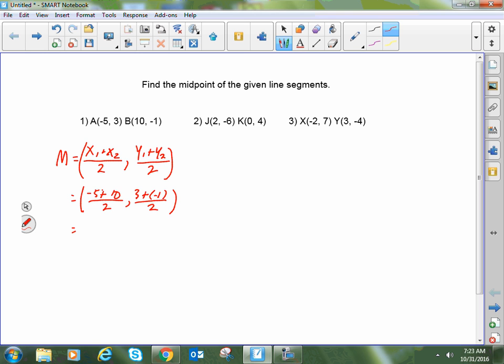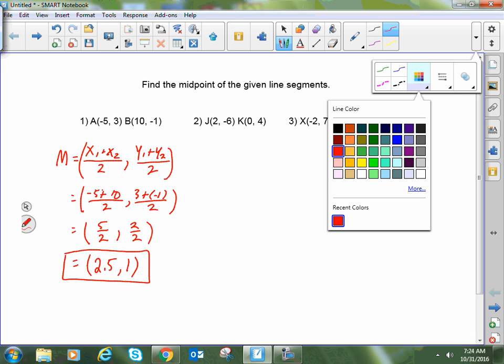So here I'm going to get 5 over 2, and 3 plus negative 1 will give me 2 over 2. Simplify the fractions, and I'll get 2.5 and 1. So here is our first midpoint.